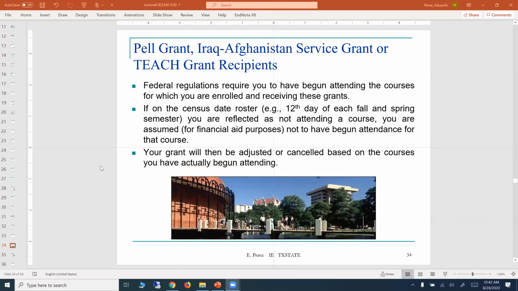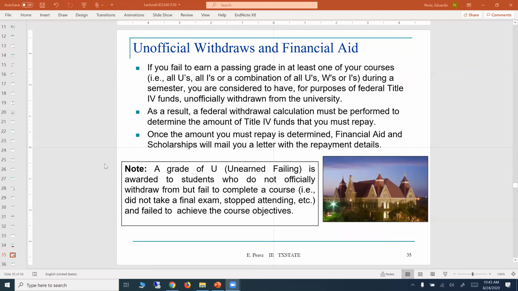I have the Pell Grant, and if you have any of these grants, make sure that you follow these instructions from the university. So I'll leave you to read through this if this is your case. Unofficial withdrawals and financial aid.